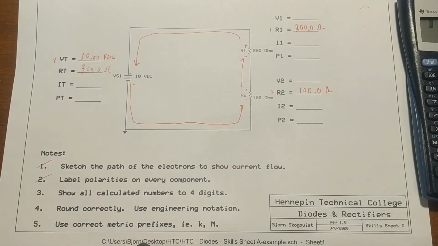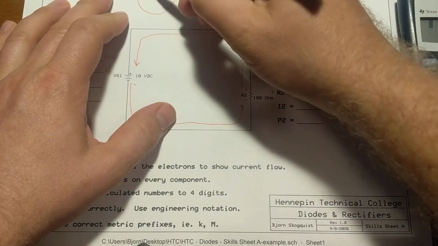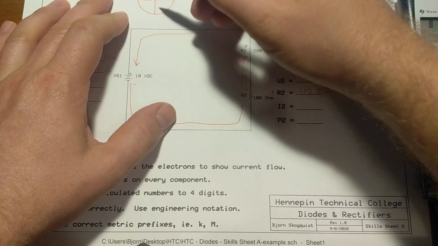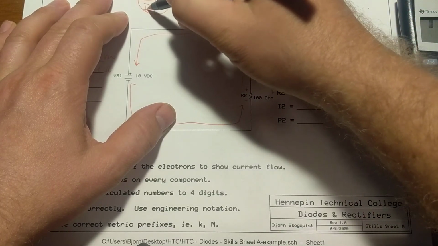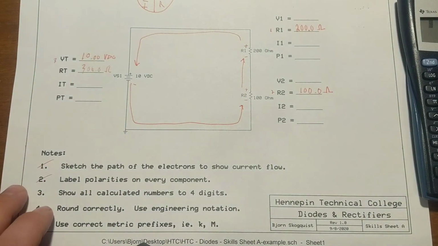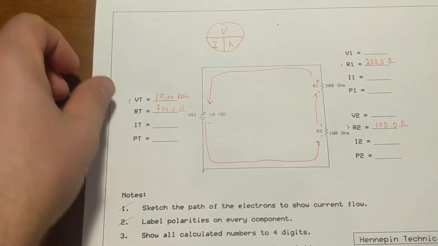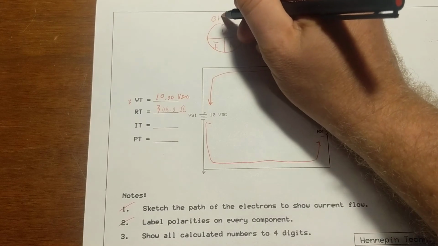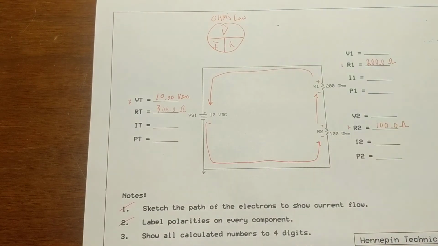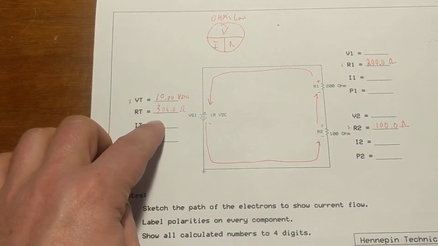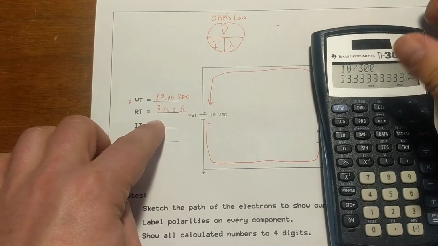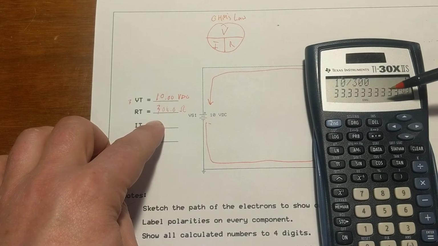Alright, and I know that via Ohm's law, my volts are 10 divided by 300, and that's going to give me 33.33 milliamps.